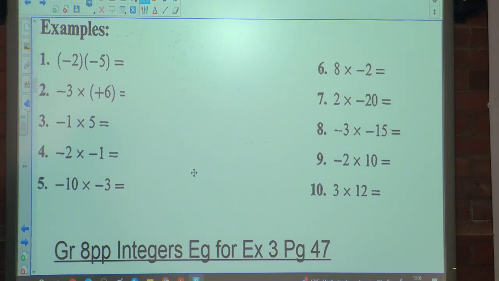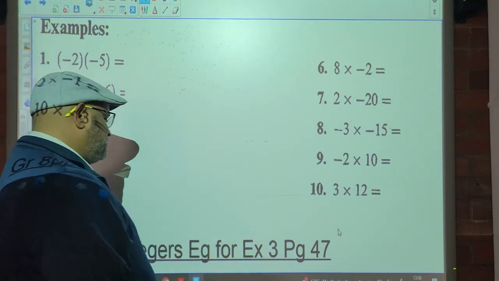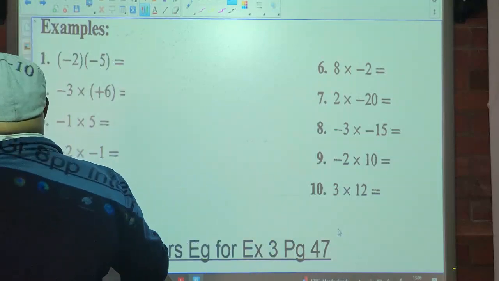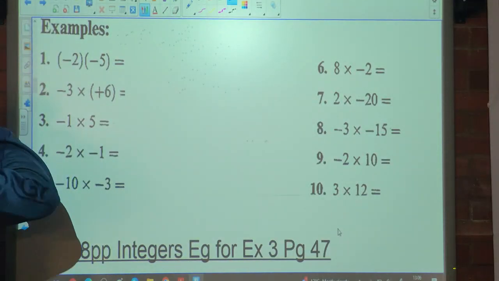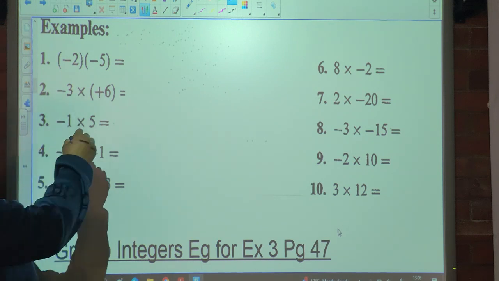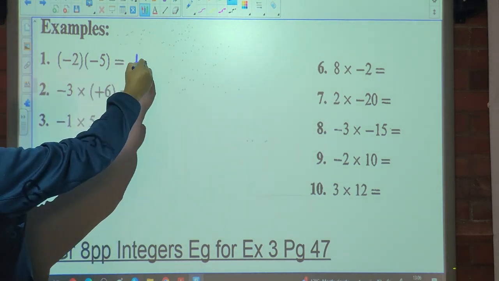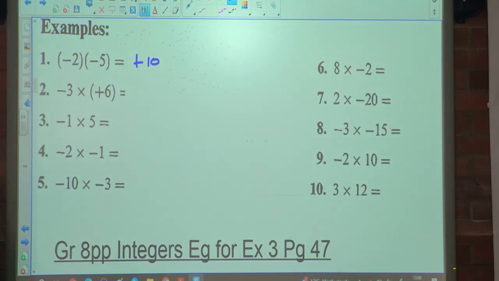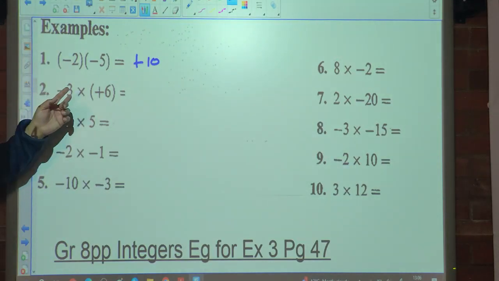Is that correct? Right, so what's negative 2 times negative 5? What's negative times negative? Positive. 2 times 5? 10. Okay. What's negative times positive?